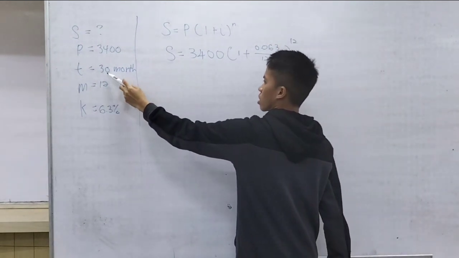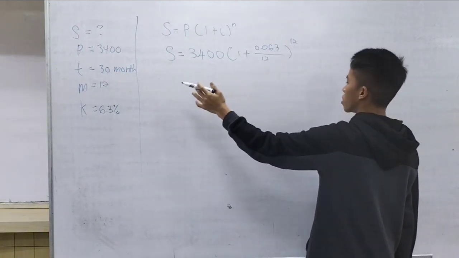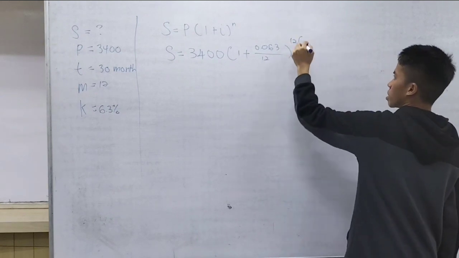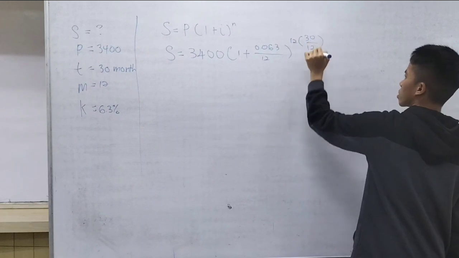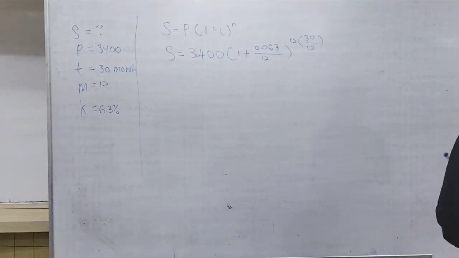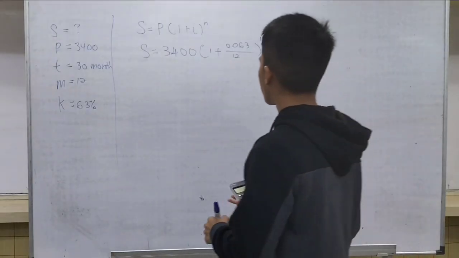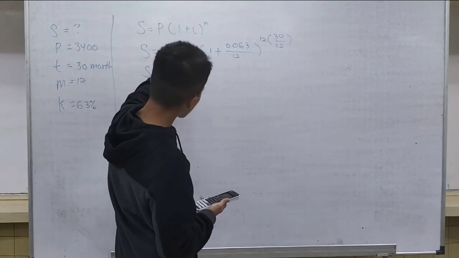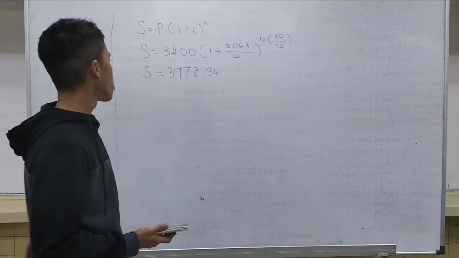This is 30 months, and we don't want it. We want it in a year. So it will become 30 per 12. So we will solve it in a calculator. So the answer for this S is, so we must find the future value.